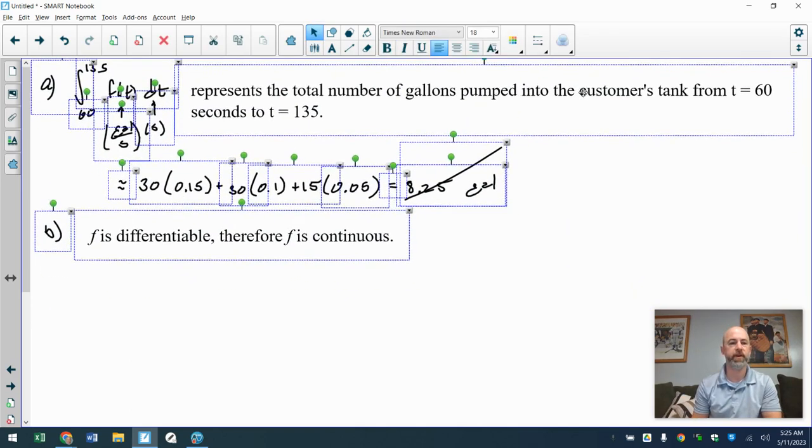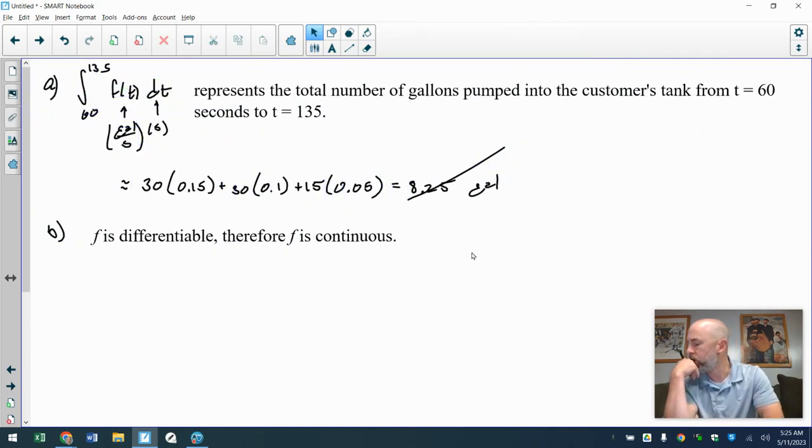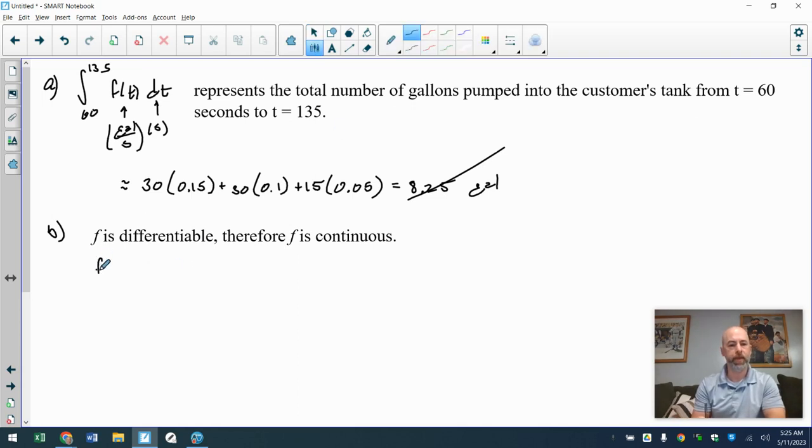I'm going to move all of this stuff up a little bit. Okay, so we're trying to prove that the derivative is equal to 0. This sounds like a good old Rolle's theorem question, and it is, because if you look at the table, f of 60 is equal to f of 120, and they both equal 0.1.